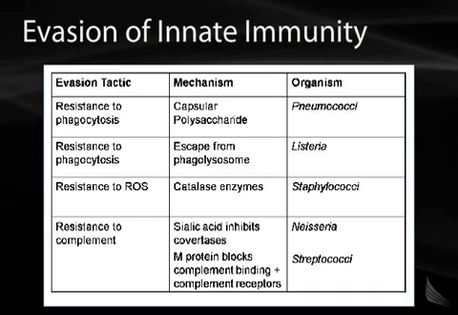Neisseria has sialic acid that inhibits certain convertases, which makes it resistant to attack by complement. And streptococci produce an M protein, which blocks complement binding and complement receptors, allowing it to escape the effects of complement. So we see that there are certain bacteria that have evolved mechanisms to evade innate immunity, and for that we have to have our specialized arm, our adaptive immunity.